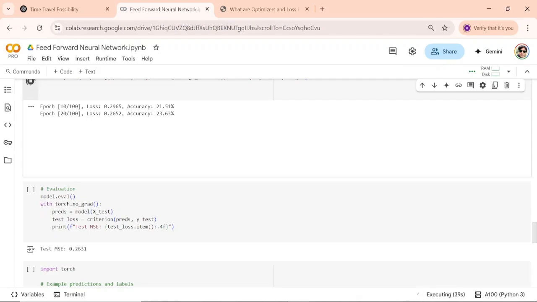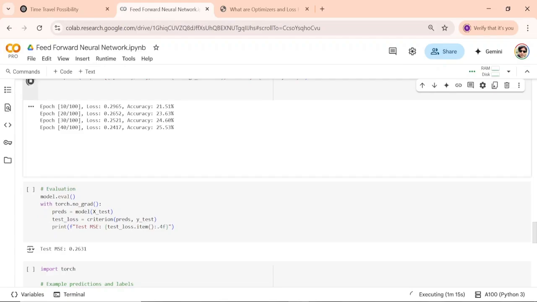For the second 10 sets out of 100, the accuracy was 23% and the loss was 0.26. And the first one it was 0.29. See, you will see the loss will keep on decreasing for each iteration of 10 epochs. Yep, it went to 0.24 with 25% accuracy.